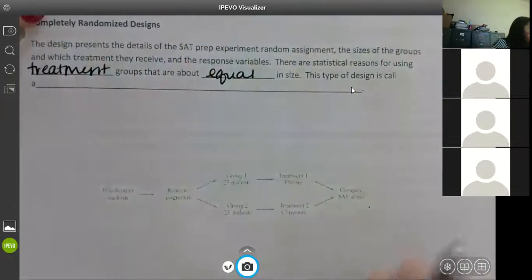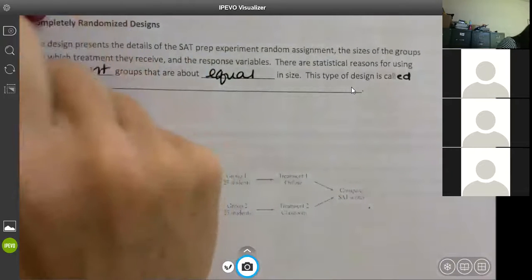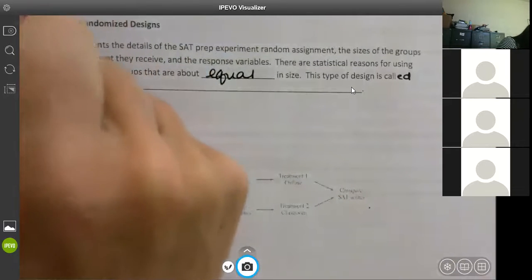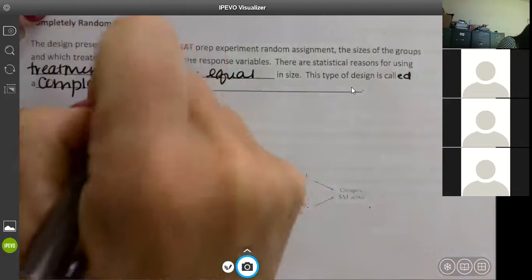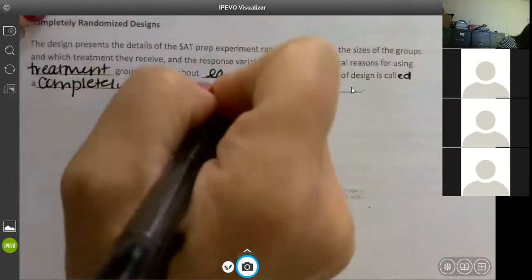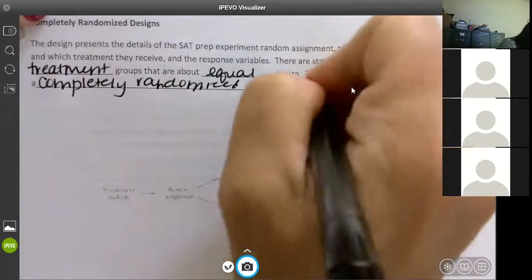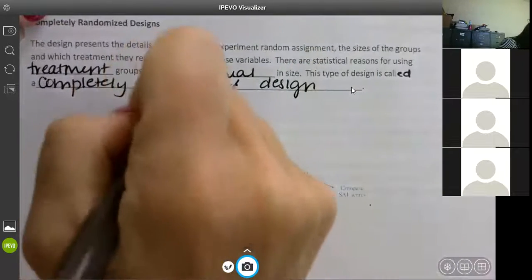This type of design is called a completely randomized design.